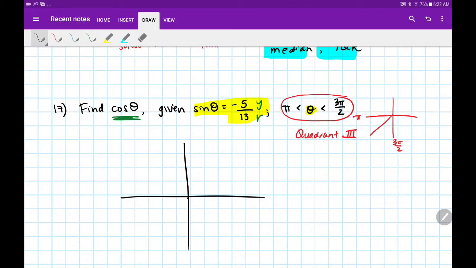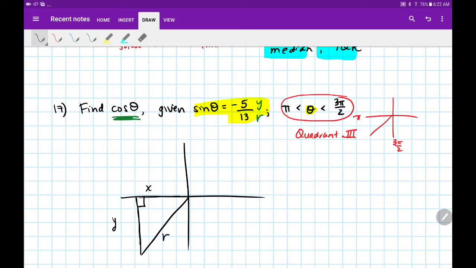We're in quadrant 3, so draw your angle, and we always drop the perpendicular to the x-axis. Now this horizontal side here, that would be my x. This vertical side here, that would be my y. It's going up and down, just like y values go. And then this hypotenuse is r.